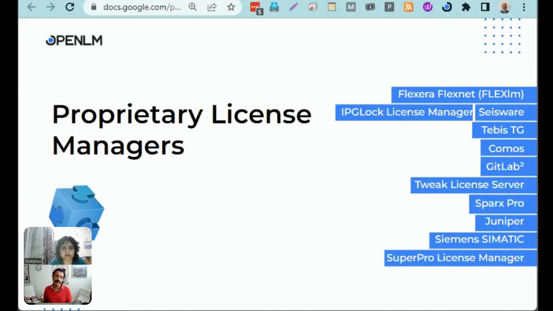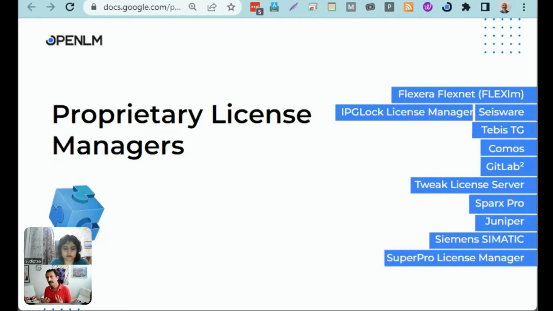The problem here is that typically it's limited, and the fact that the company was once able to invest in this project and create a proprietary license manager doesn't mean that they will be able to go over time and maintain it.